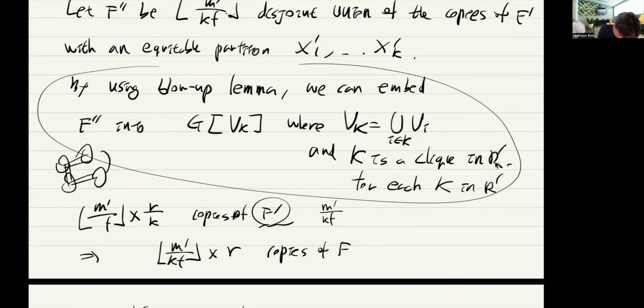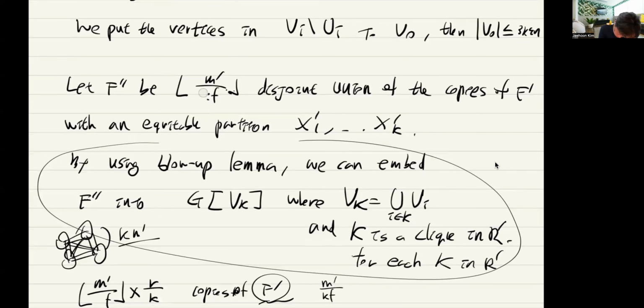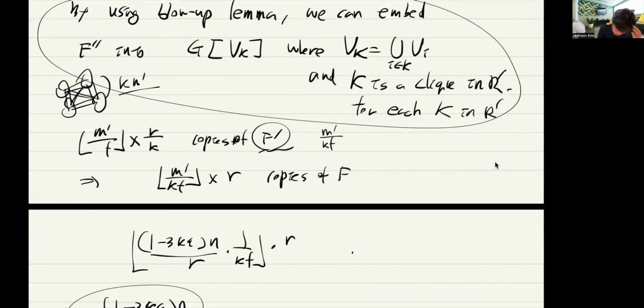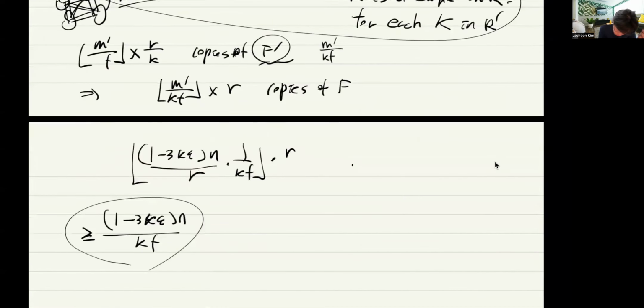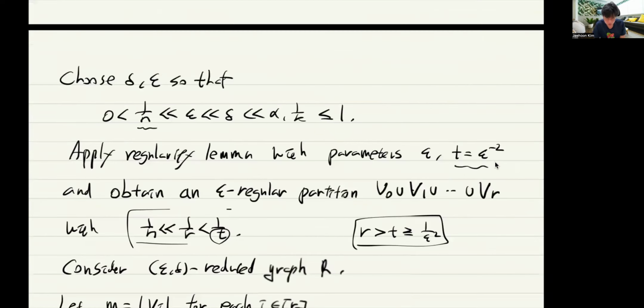In each clique capital K, you have K times M prime vertices. Then you pack. Yeah, so you can pack this many disjoint copies. And then you can get the answer here. And due to our choice, this is bigger than 1 minus alpha n over F, because epsilon is much smaller. So this will be the proof of what we wanted to prove.